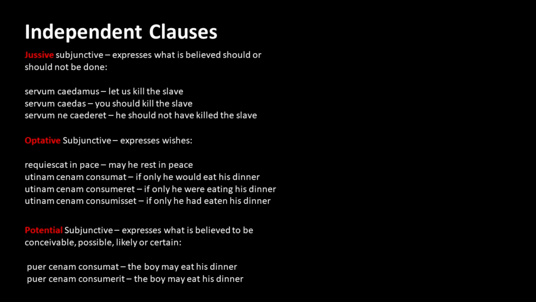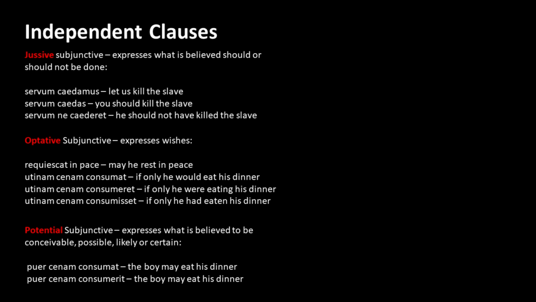And in English, you get the exact meaning of the boy may eat his dinner, present or future, from the context. In Latin, you have the present subjunctive or the perfect subjunctive. It's a difference. I don't think it's a difference that will cause any difficulties, so long as you are at least vaguely aware of the contents of this table.